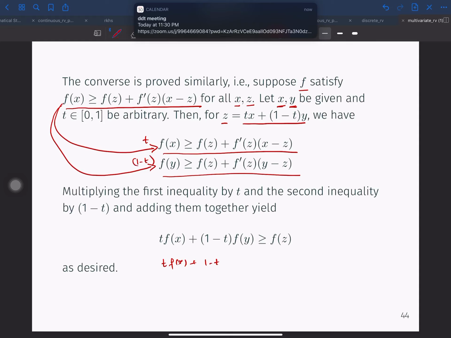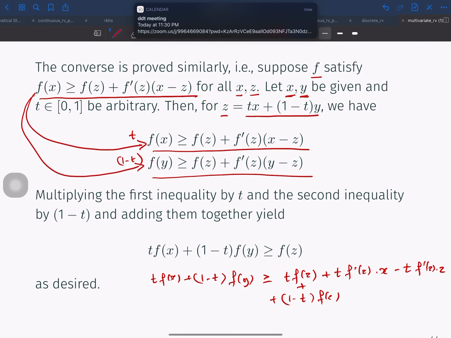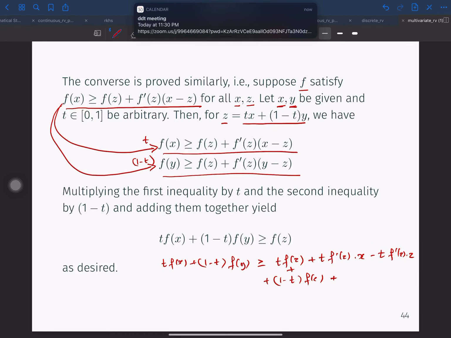Then t f(x) plus (1 - t) f(y) is going to be bigger than t f(z) plus t f'(z) times (x - z), plus (1 - t) f(z) plus (1 - t) f'(z) times (y - z).